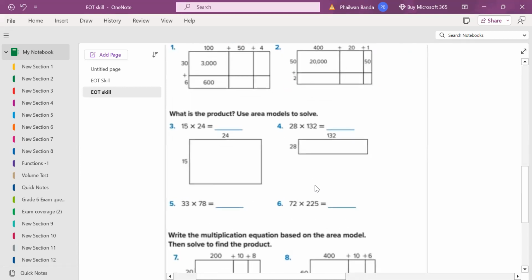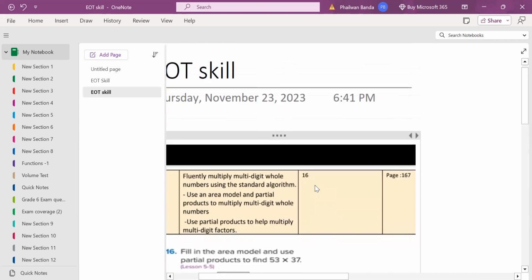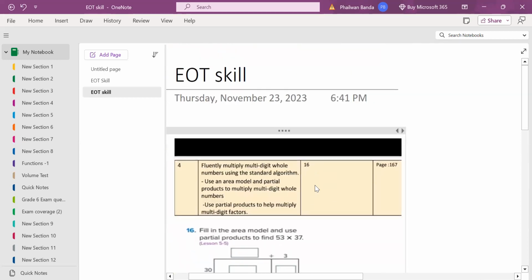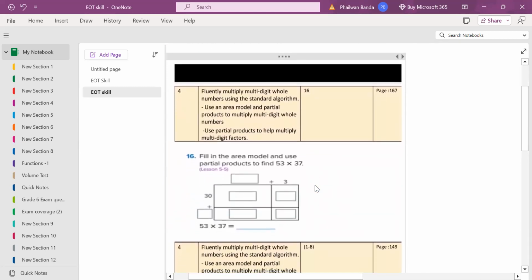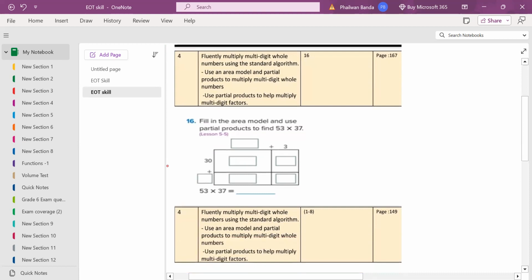Now, these are simple questions. Don't get worried by looking at the diagram, okay? So they are very simple questions. These are called the area model. Now fill in the area model and use partial products. So this word partial products, please remember this word.